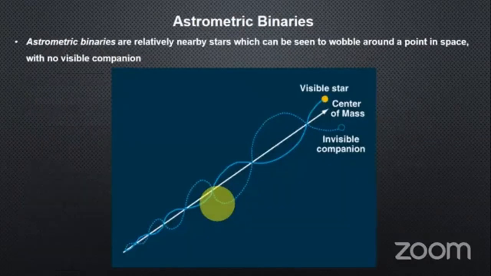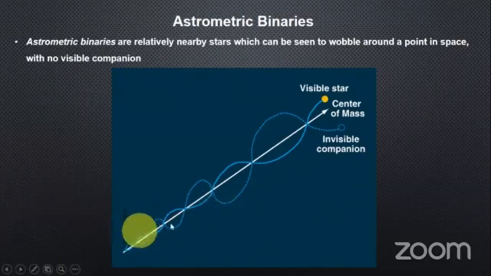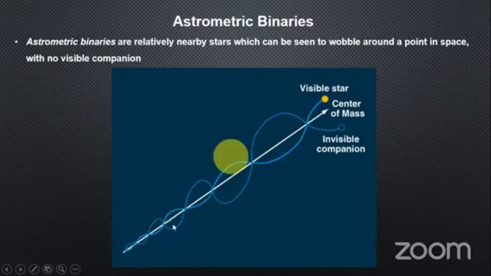So we have astrometric binary stars. Astrometric binary stars are relatively nearby stars which can be seen to wobble around a point in space. All the stars that have a companion wobble about a center of mass.